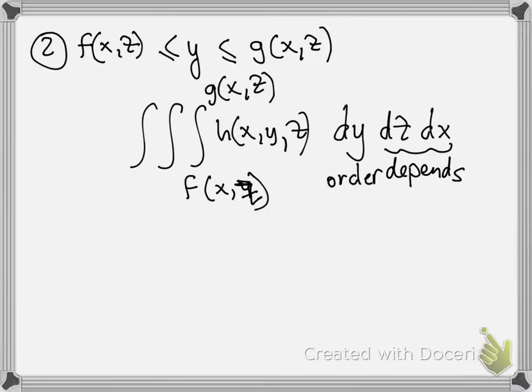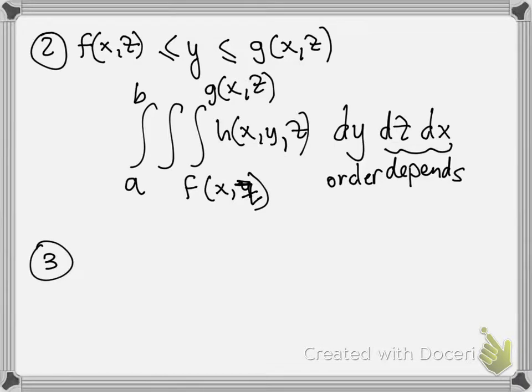If your x is between two constants, the last integral should be with respect to x. But if your z is between two constants, you can just finish your integration with respect to z. So again, the last bounds should be constants.